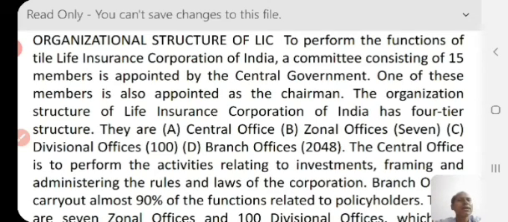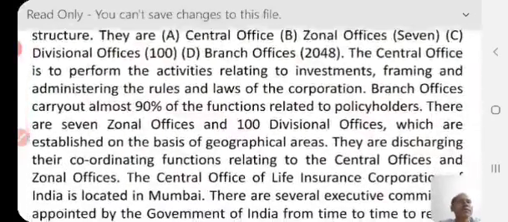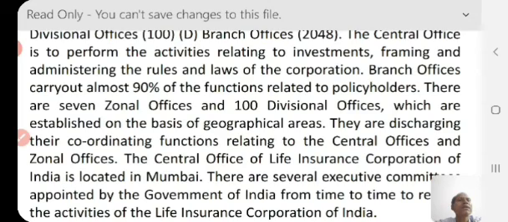One is central level, next is zonal level, third is divisional level, and the fourth is branch level or branch office level. The central office performs the activities relating to investments, framing and administering the rules and laws of the corporation.